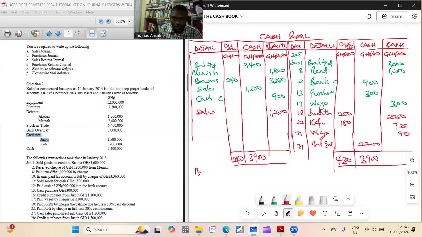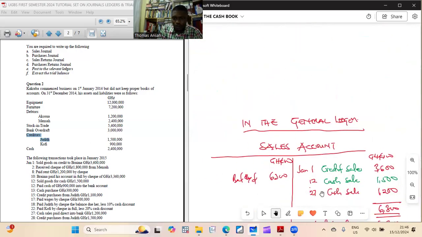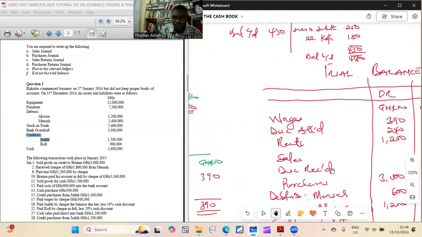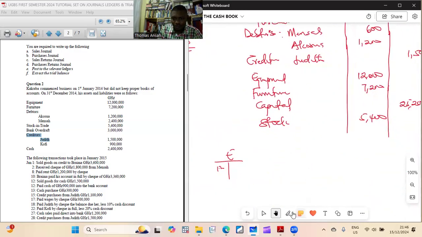So balance brought down for February will be 2,700. So quickly, I know that if I go to my trial balance, my cash here, I have a balance of 2,700 at the debit side.